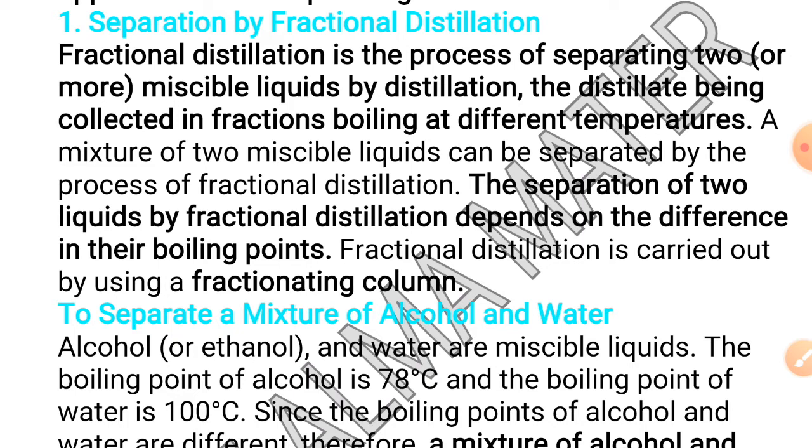The distillate being collected in fractions boiling at different temperature. A mixture of two miscible liquids can be separated by the process of fractional distillation, and the separation of two liquids by fractional distillation depends on difference in their boiling point, and it is done by using a fractionating column.